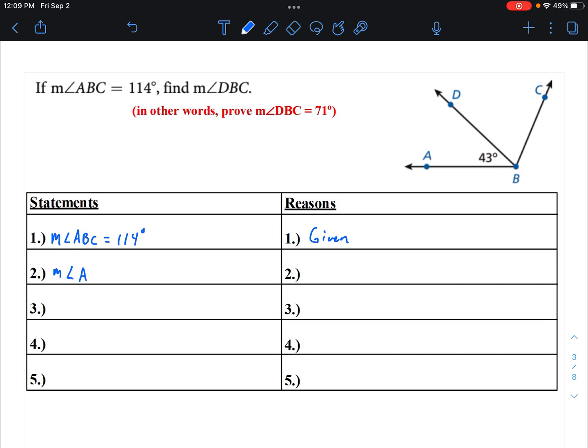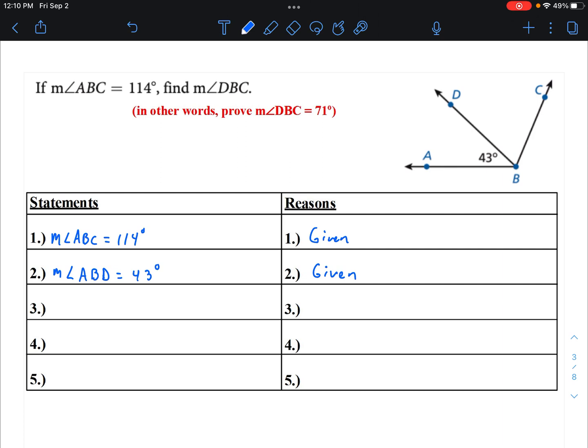Measure of angle ABD is equal to 43 degrees. That was given as well. Now you got to think, okay, how are we going to find DBC? So I'm thinking kind of like we did with segments the other day. We could add angles together to get the full angle.